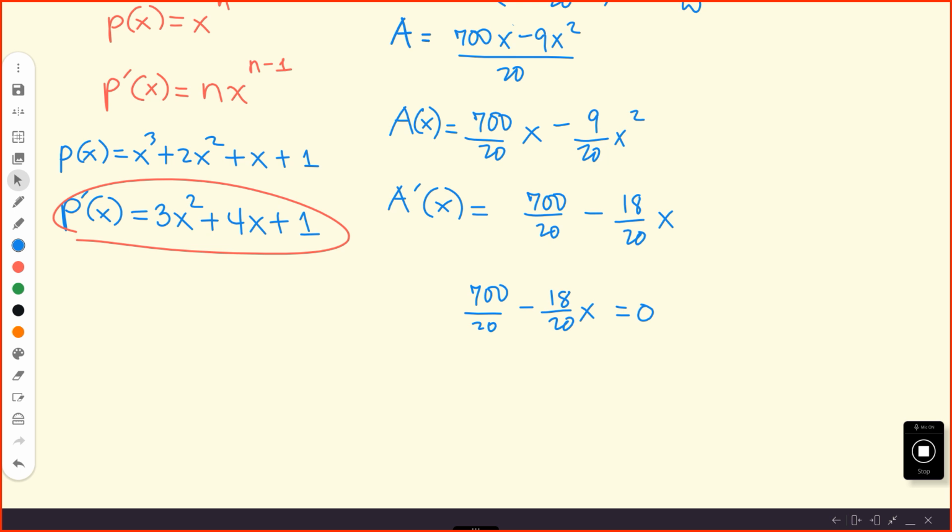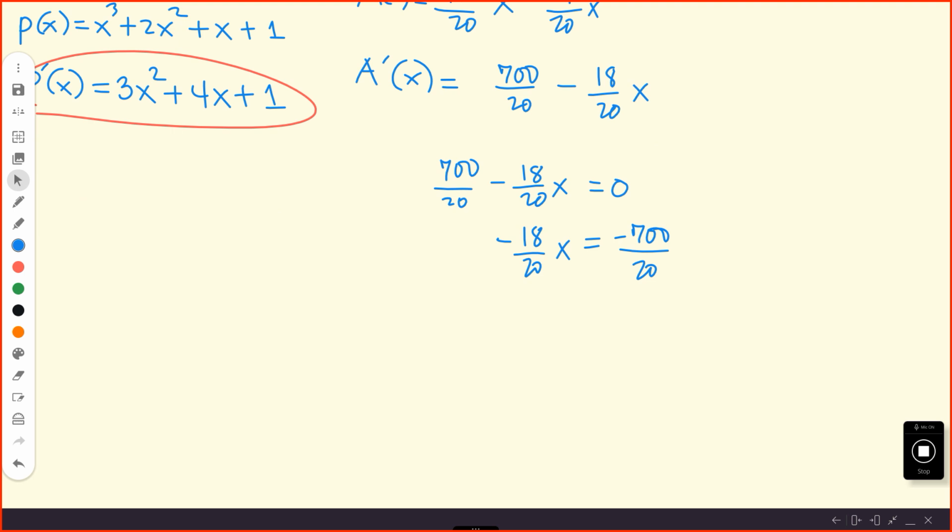So 2 times 9 over 20 is 18 over 20, and the original exponent is reduced by 1, so it's just x to the power of 1. Once we have this, we just set it to 0 and solve for x. So this is negative 18 over 20 x equals negative 700 over 20. Subtraction and then divide.